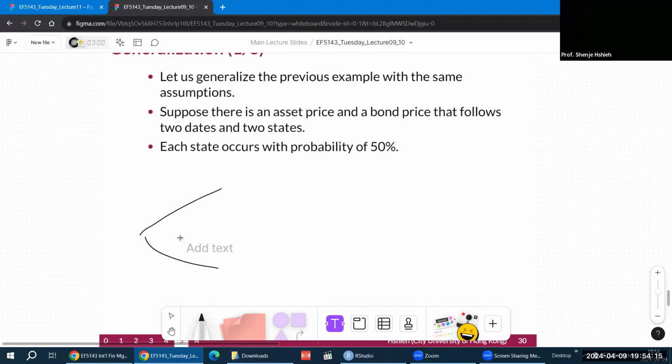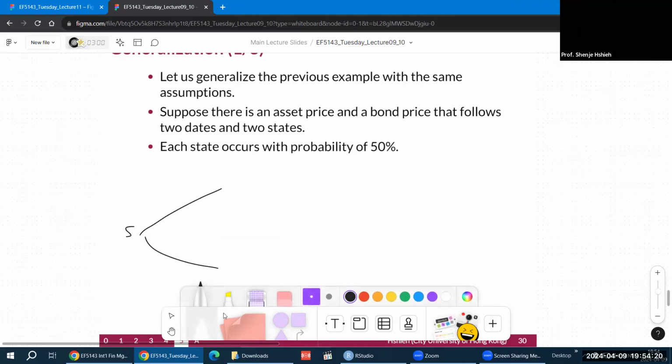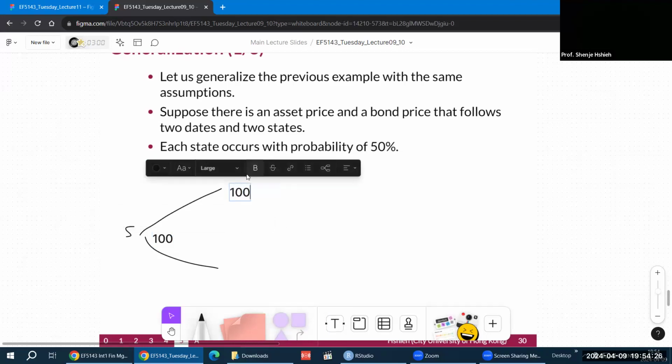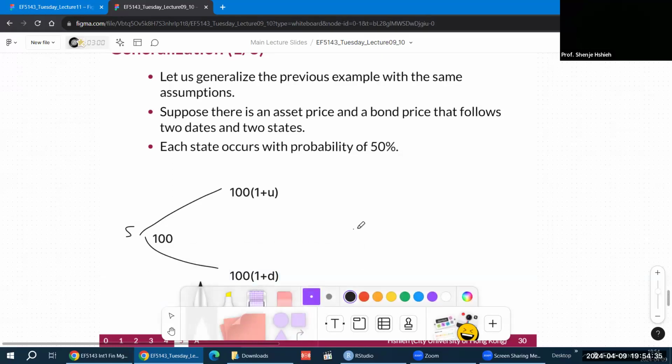Suppose we have the same thing. We have S price of 100, but now generically it's 100 times 1 plus U in the up state, and 100 times 1 plus D in the down state. Same thing for the bond.